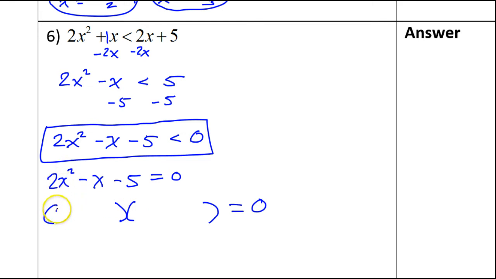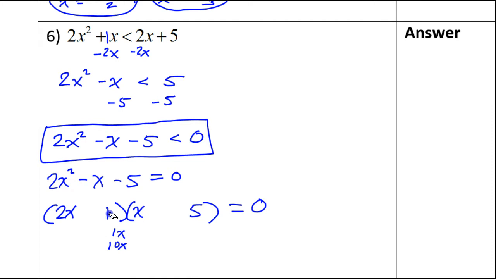2x squared can only factor as 2x times x. 5 can only factor as 1 times 5. But if I don't like this, I will switch these around and put 5 and 1. Actually, it doesn't look like it's going to factor at all. Inner plus outer must equal middle. Inner I have 1x, outer I have 10x. There's no way I'm going to get negative 1x out of this no matter how I pick the signs.